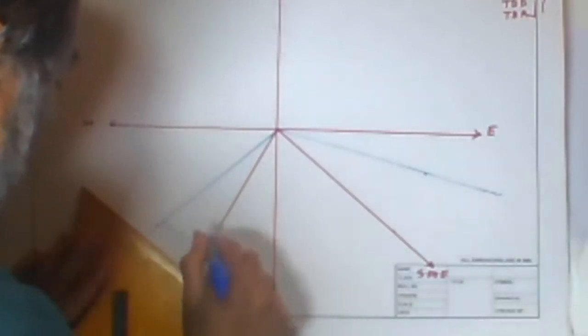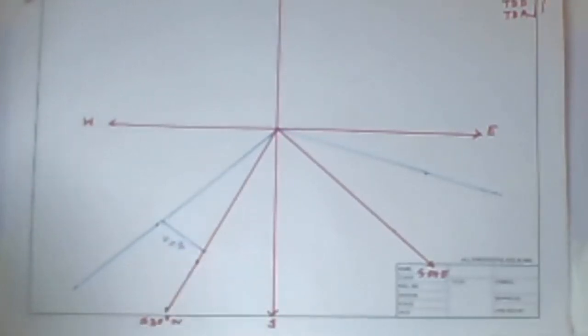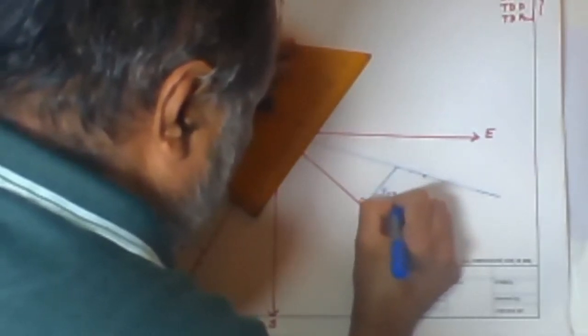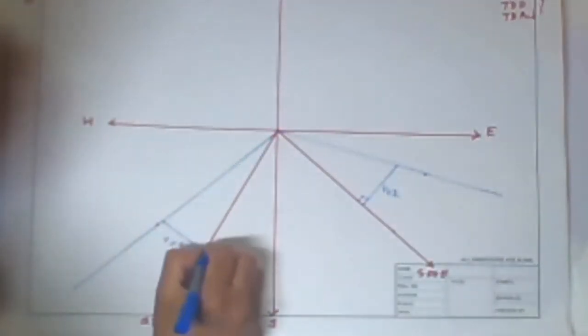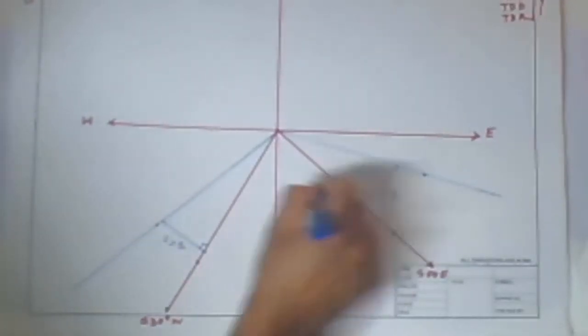And now you got the point here, and from here also 2 centimeters perpendicular to this line, 1 centimeter and 2 centimeters perpendicular to this. These 2 points, if you join, we get the strike line.